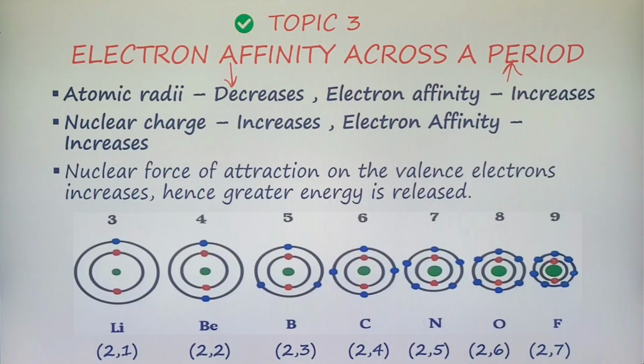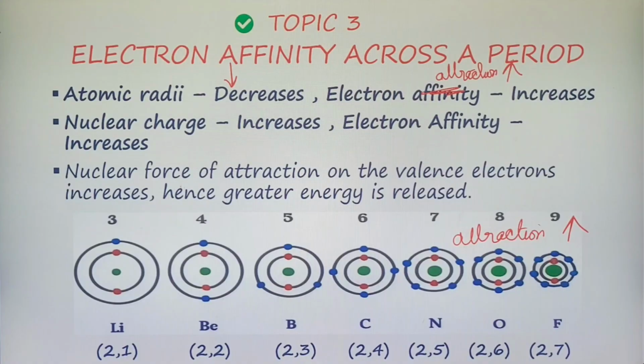Do not remember it as affinity. Remember it as attraction. Am I clear? The closer the nucleus, the more will be the attraction. So as the atomic size decreases, when I move from left to right, the attraction of the nucleus to the electron will increase. Clear?